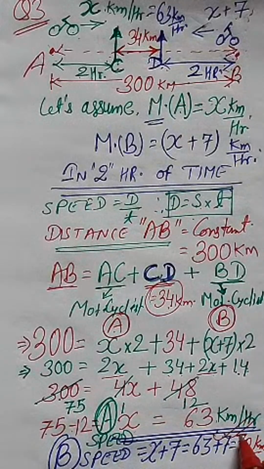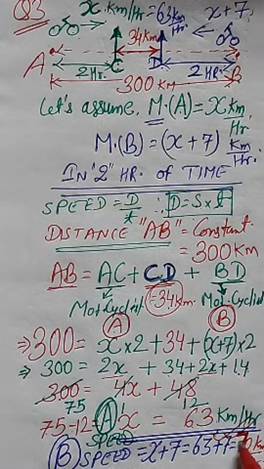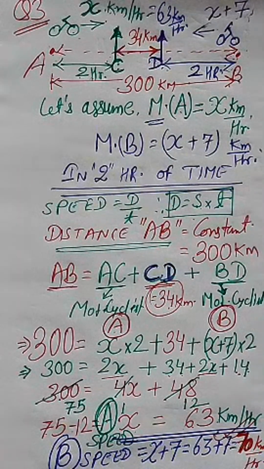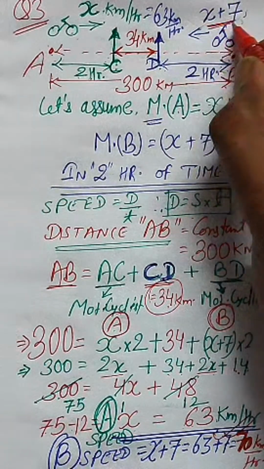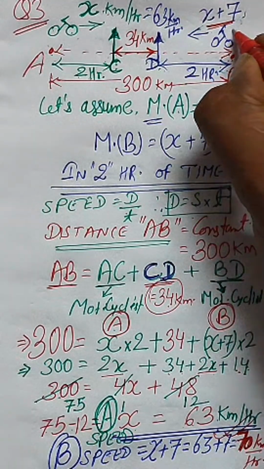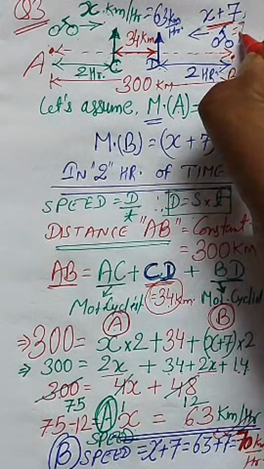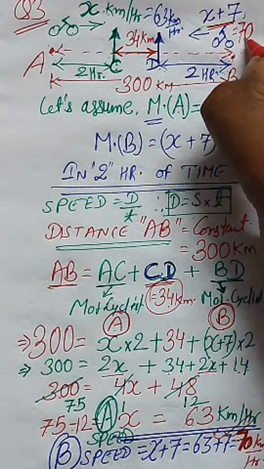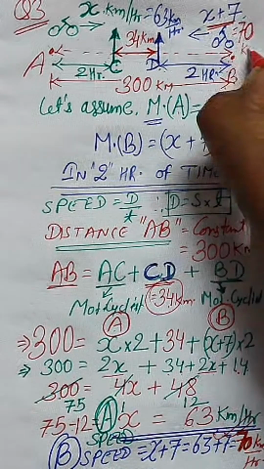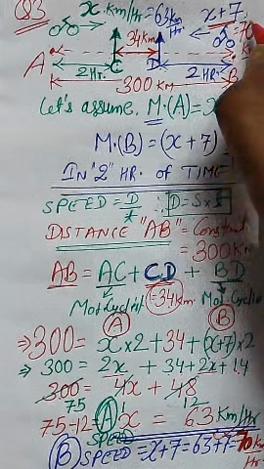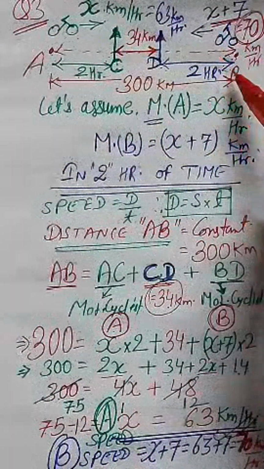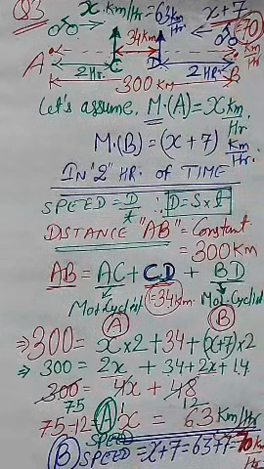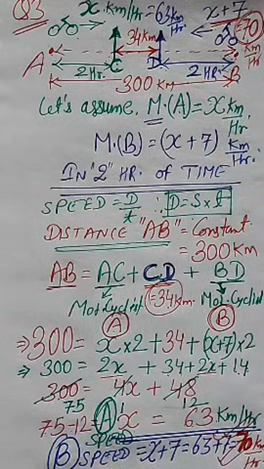So 70 kilometer per hour is the speed of which one? Motorcyclist B. So this value of x plus 7 is calculated as 70 kilometer per hour.